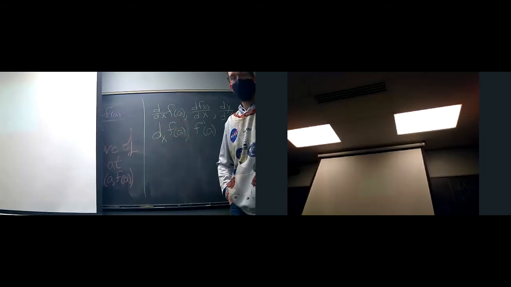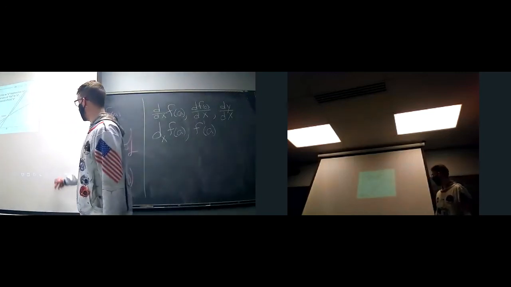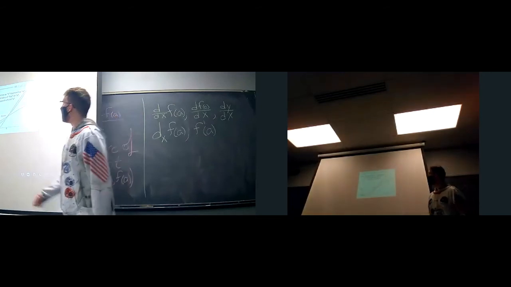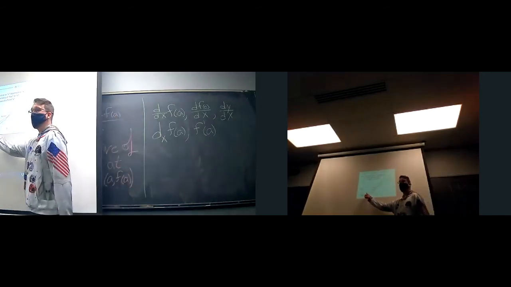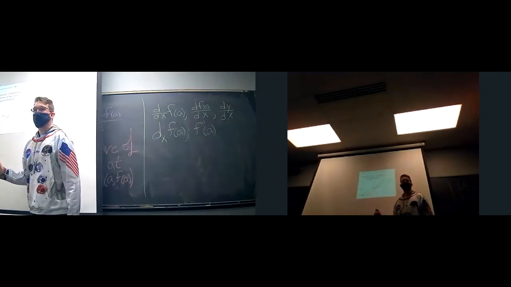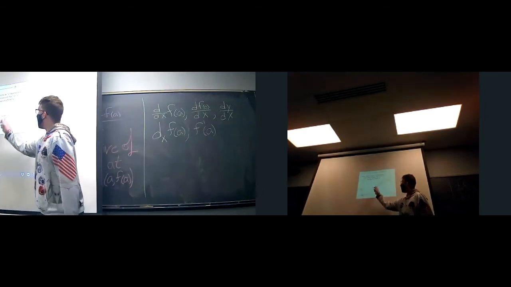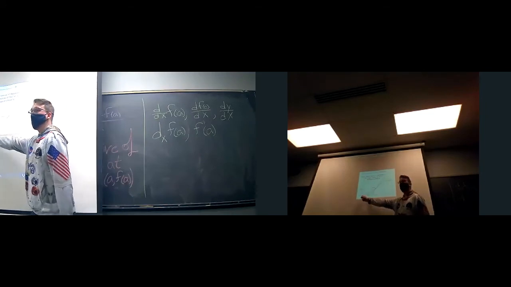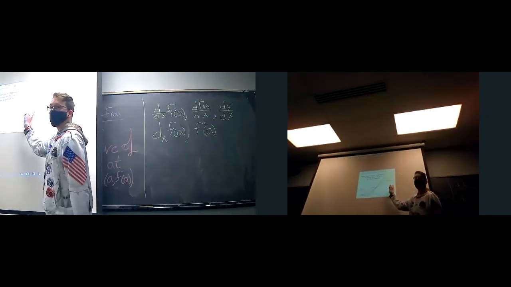Okay, so what does all this look like? In blue, in this graph, we've got our function. The dotted red lines are our secants. Notice on one hand, we've moved delta x to the left. On the other hand, we move delta x to the right.